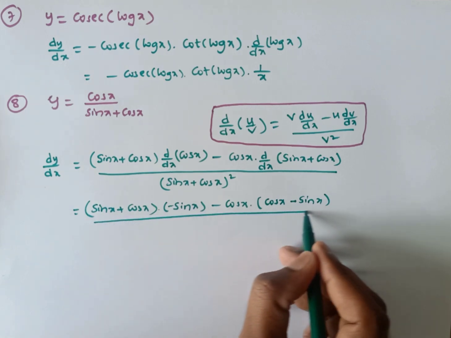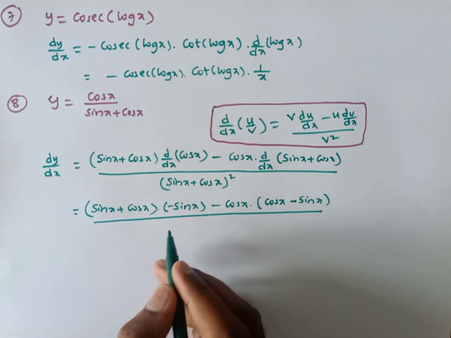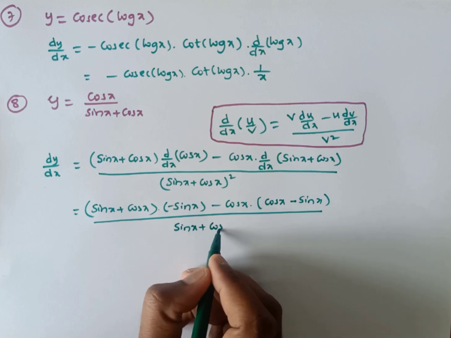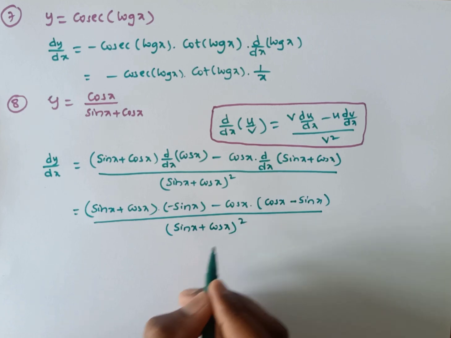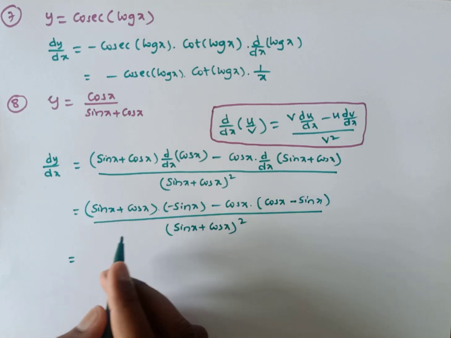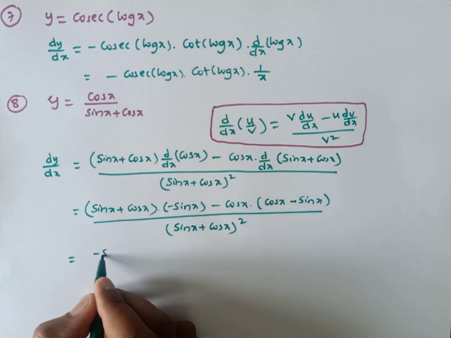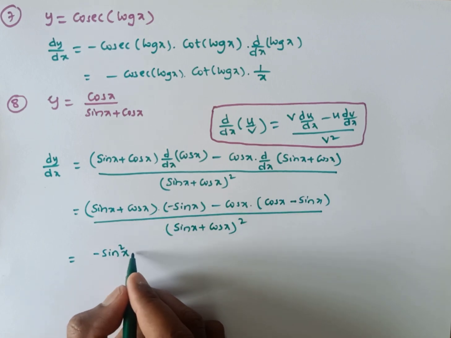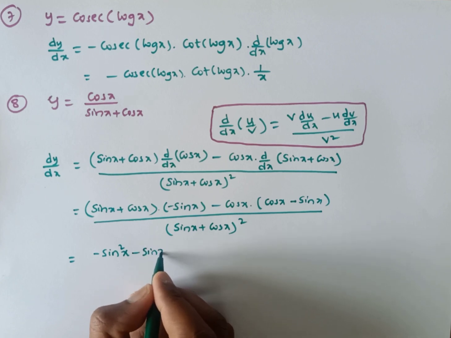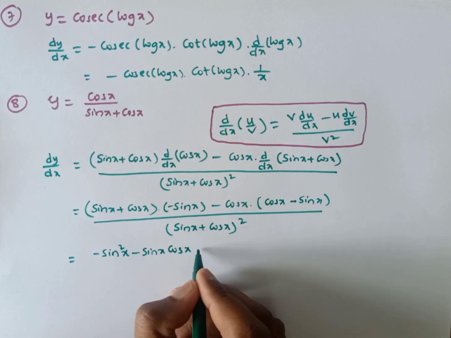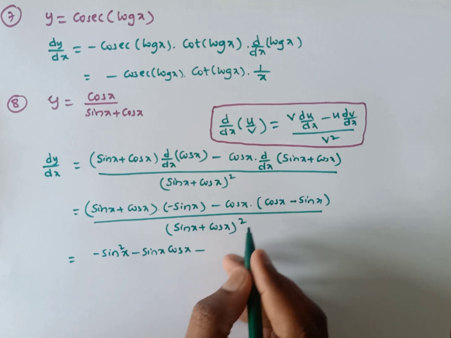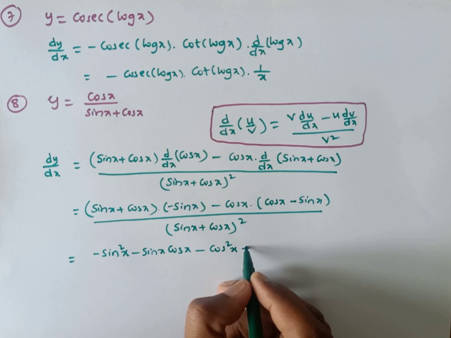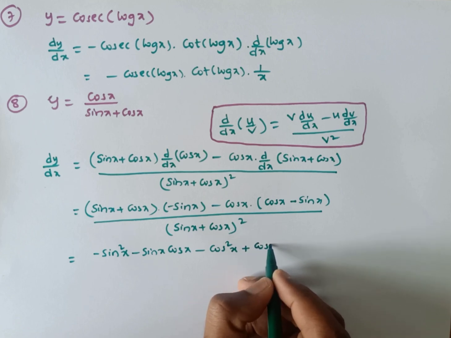Now whole divided by sin x plus cos x whole square. Now multiply with this: sin x into minus sin x is minus sin square x, and cos x into minus sin x is minus sin x cos x. Now minus cos x into cos x, cos square x, minus into minus, so it is plus cos x into sin x.